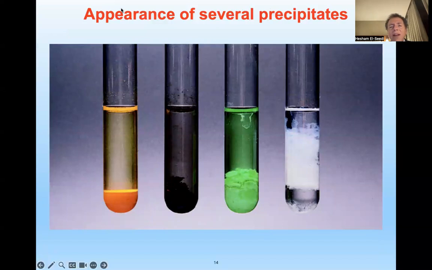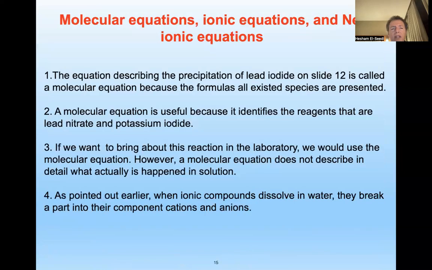Then we took another point, which is precipitates of several kinds. Look at these colors when you work in the lab. You will see different colors of precipitate. For example, here you will see cadmium sulfide. This is lead sulfide. This is sodium hydroxide. This is aluminum hydroxide, etc.